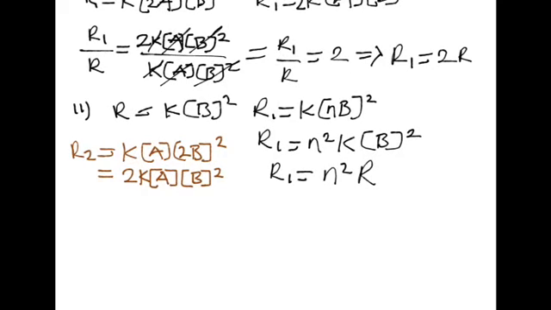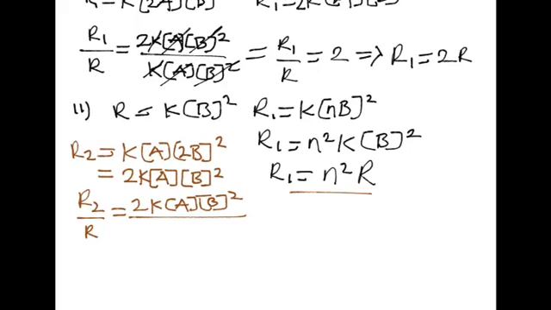So how do we do this? Let's divide R2 by our initial rate, which is R. So this is going to be 2K, and then we have our A, B squared, which is going to be divided by... okay, I just noticed something is wrong. Per this rule, if we have 2B to the power 2, it means that we should have 4 times the rate over here.